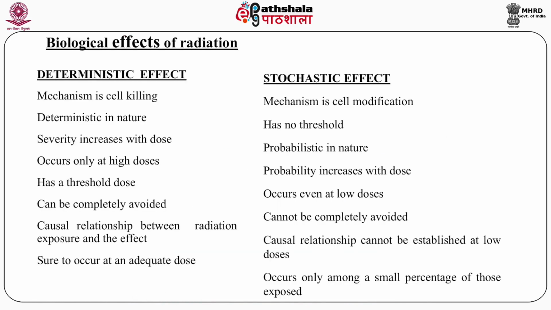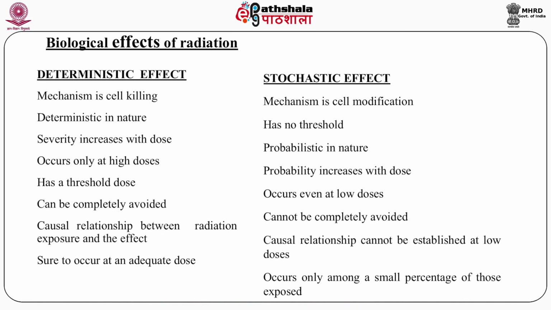Biological effects of radiation: because of this ionizing radiation, depending upon the dose absorbed by or delivered to the human being, various types of biological effects are observed. Basically, biological effects are of two categories: one is deterministic effects and second is stochastic effects.